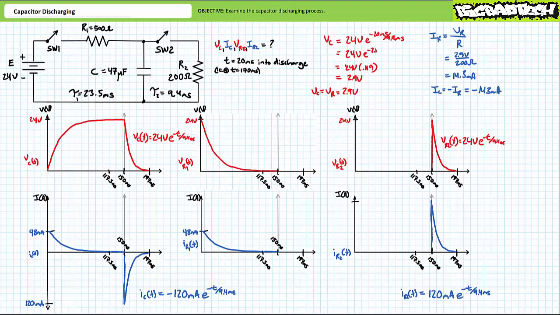If you're hard-headed, I suppose you could have substituted 20 milliseconds into each of the time-varying expressions to obtain the desired answers. However, here's a much easier method. Use one time-varying expression, and then just employ series circuit properties and Ohm's law from there. Substitute 20 milliseconds into the discharge phase's VC of t expression. This yields a value of roughly 2.9 volts. R2, being the only element in series with this discharging capacitor, must also have a voltage of roughly 2.9 volts.